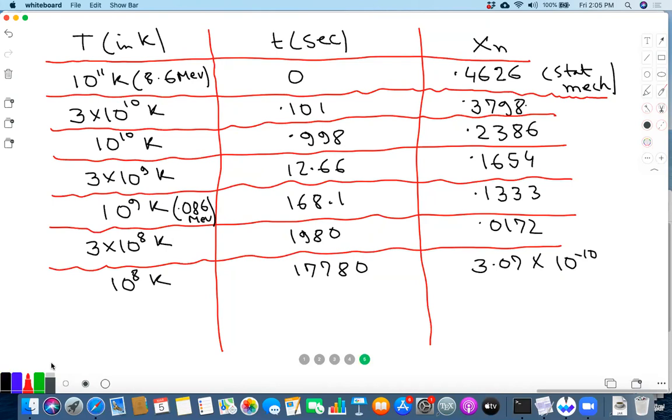This is assuming that only neutrons and protons are present. Of course, this is not correct, because this is the time close to when the nucleosynthesis happens.